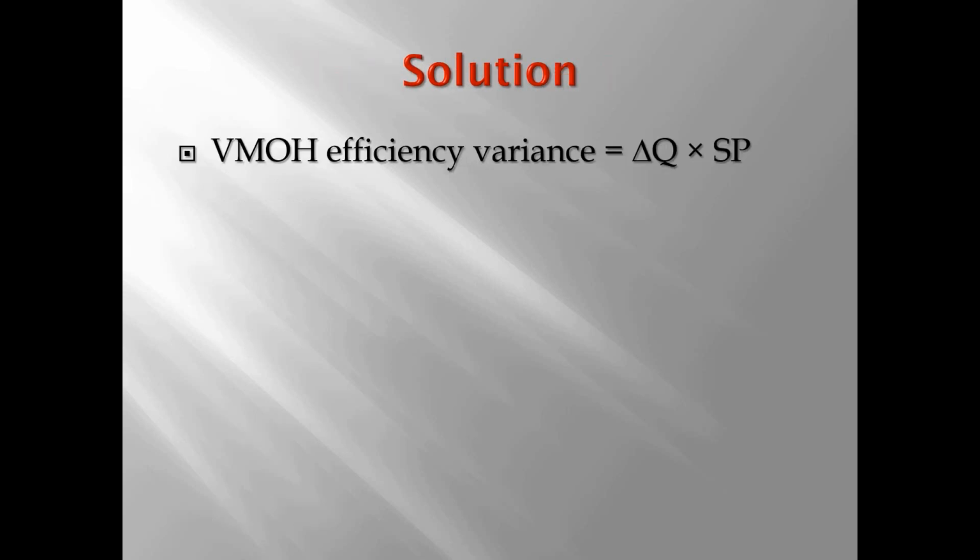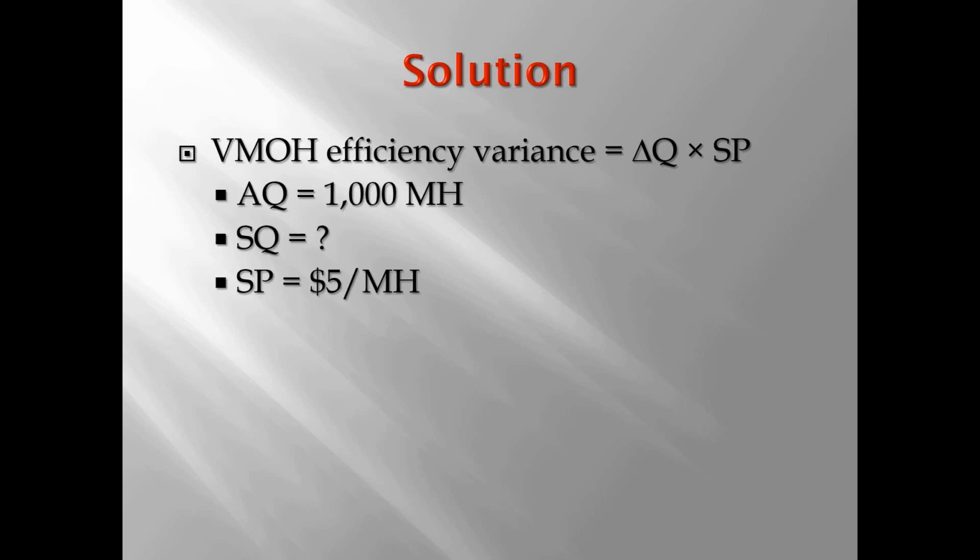The formula for the variable manufacturing overhead efficiency variance is the difference in quantity between the amount of the allocation base that we actually used and the amount that we would have expected to use for the actual level of activity times the standard price.